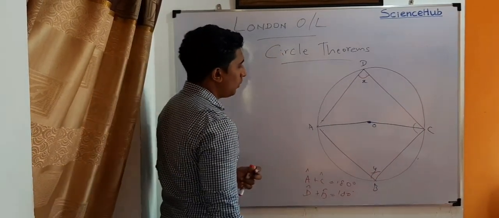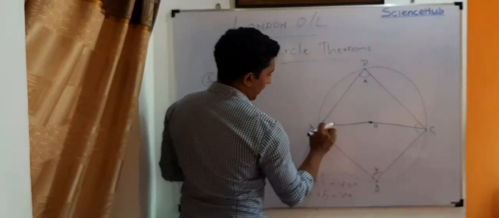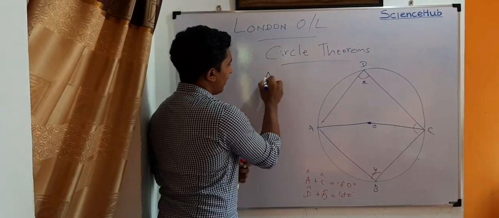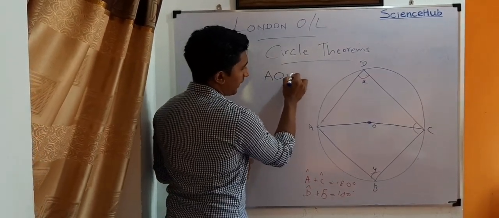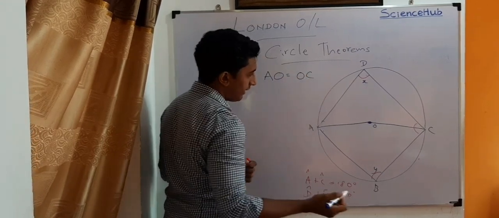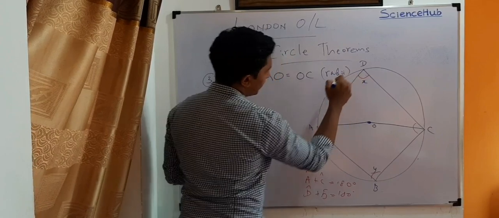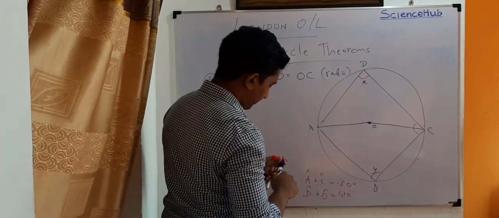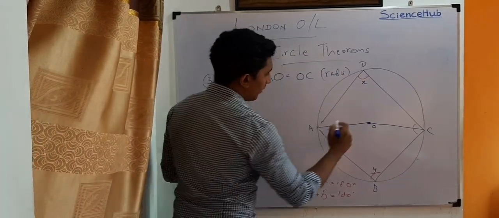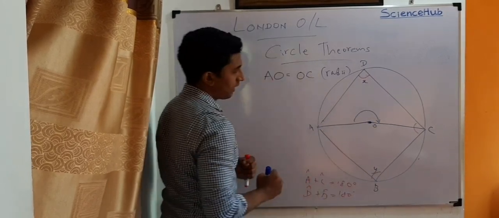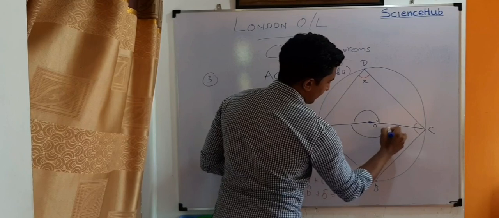Now here, AO and OC are equal. AO equals OC, and the reason is radii. Now consider this angle and this angle.